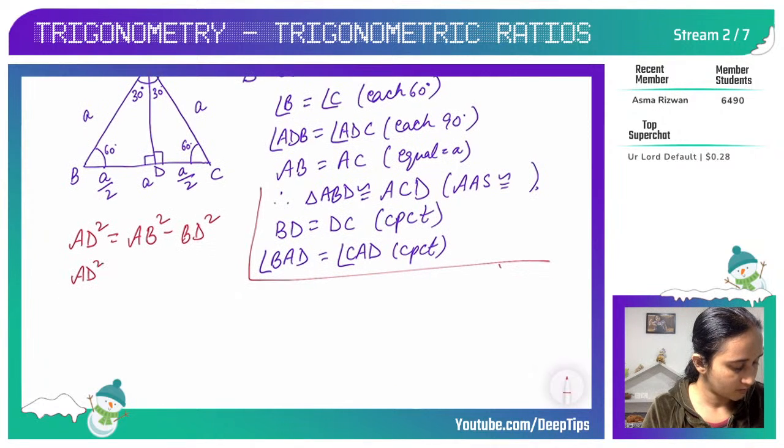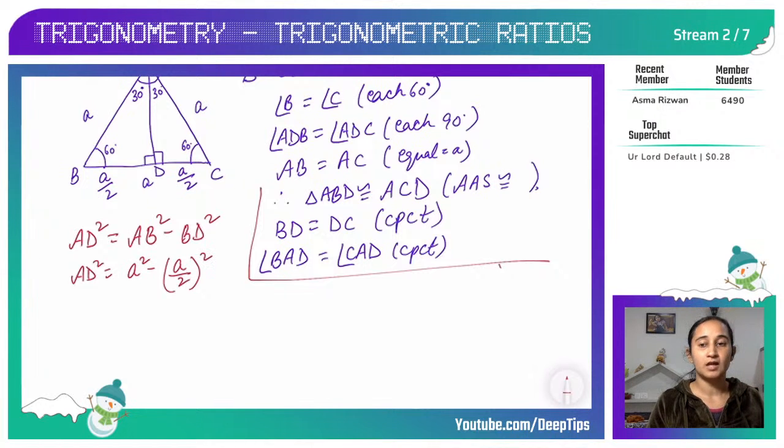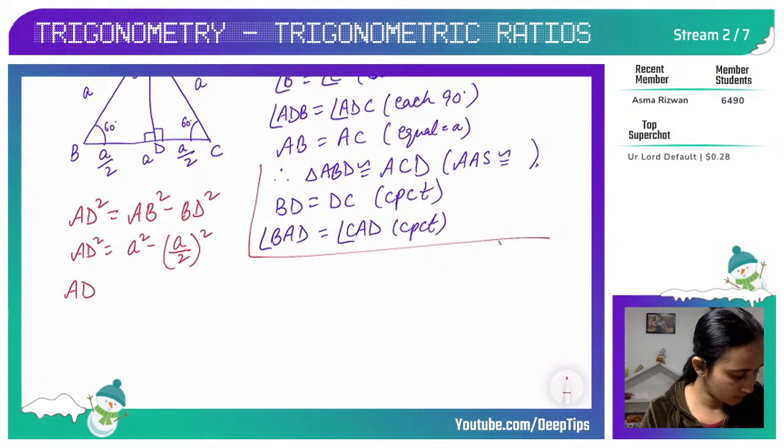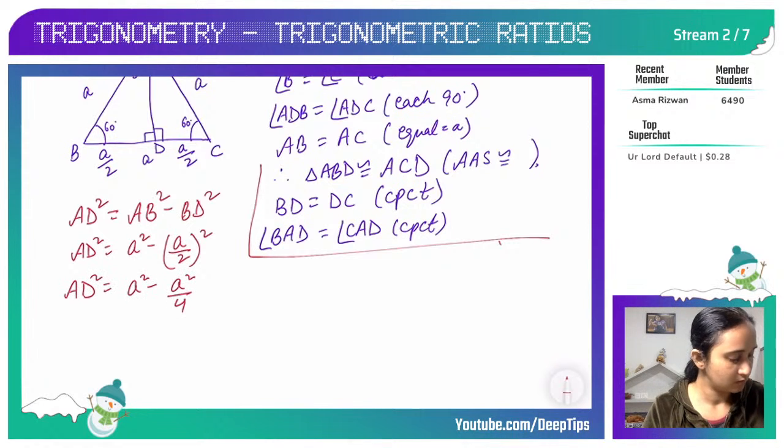So AD square equals AB is A square minus A by 2 whole square. So A by 2 whole square is A square by 4. So AD square equals A square minus A square by 4, which is equal to 4A square minus A square by 4.